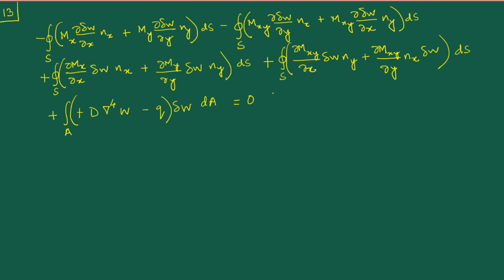Okay, first of all, I will take this term common with this term. So whatever was present in the first line will remain as it is, so I'll just copy paste from there.